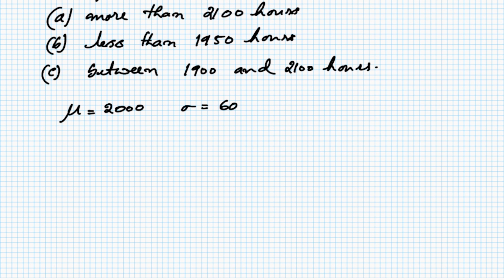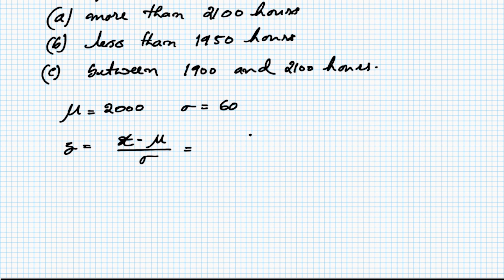So I need to convert this into z using the equation z equals x minus mean divided by sigma. Substituting the given values, z equals x minus 2000 divided by 60. Hope this is clear.